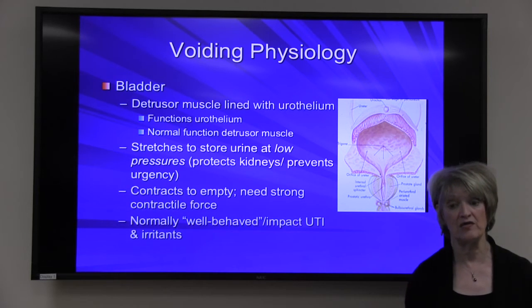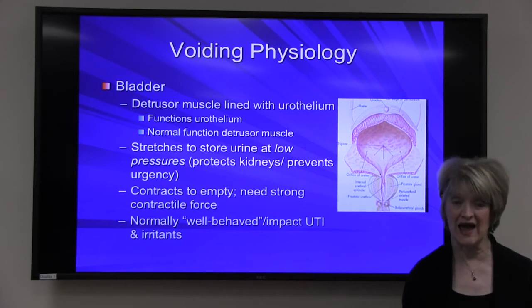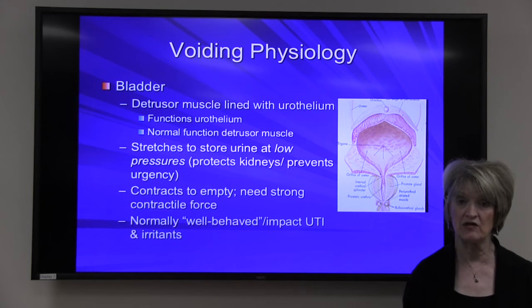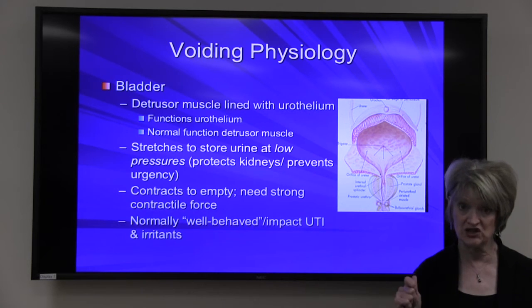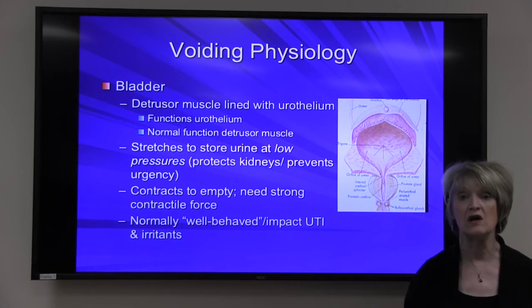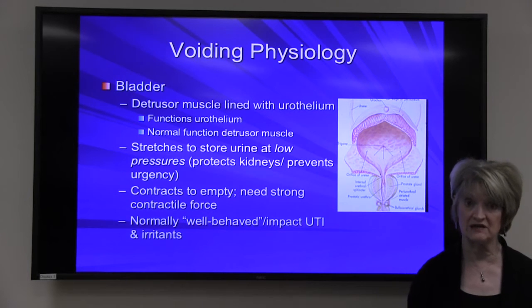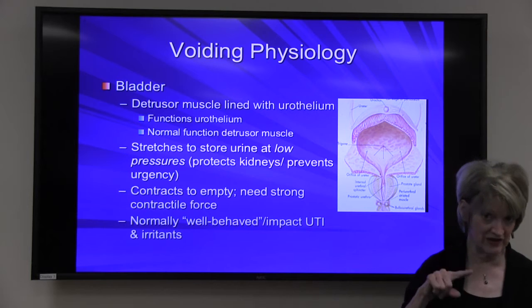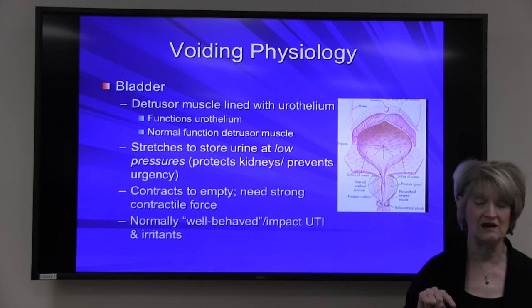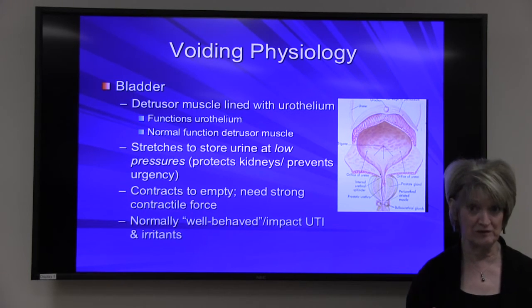We also know that the urothelium has active signaling molecules, so that as the bladder stretches and becomes fuller and fuller, signaling molecules activate pathways to the brain to alert the cortex via the PAG that the bladder is full.